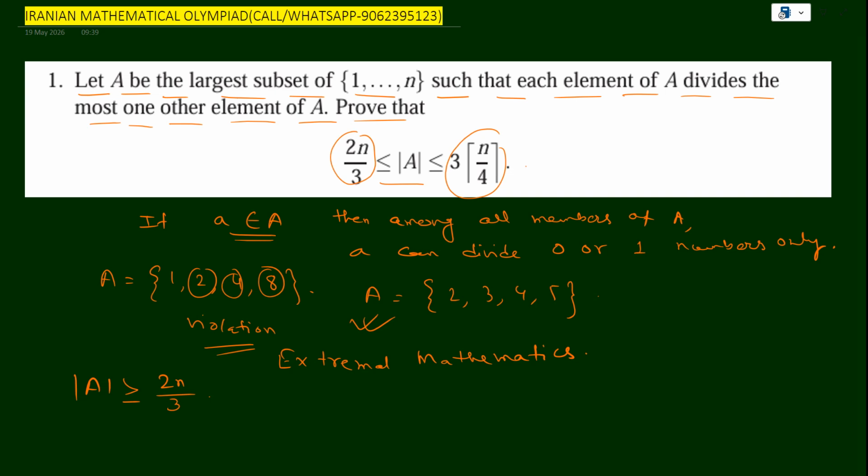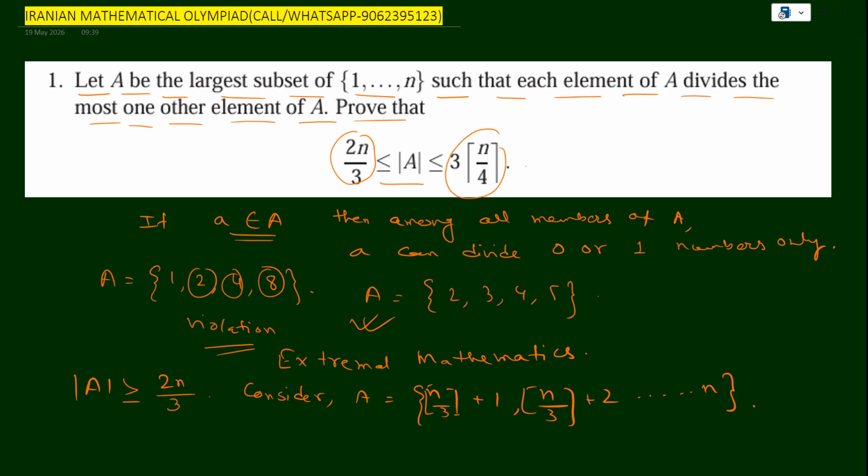And consider A to be basically n by 3 plus 1, n by 3 plus 2, and this goes up to n. So, in simple words, we can say take all numbers greater than n by 3.